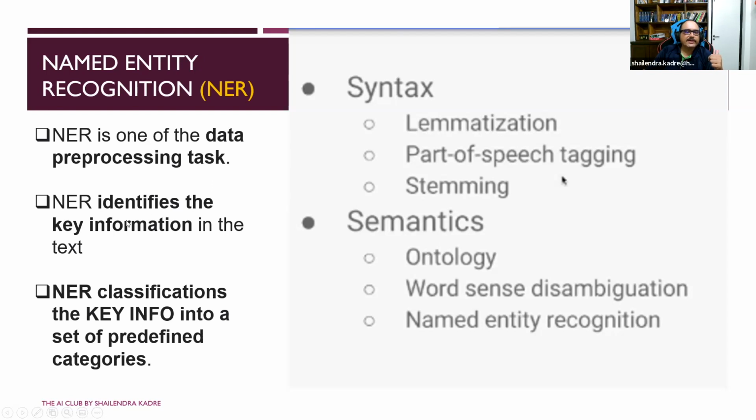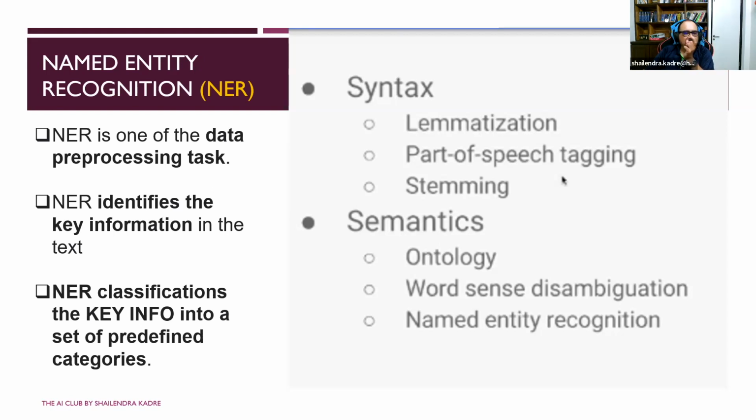NER identifies the key information in the text. We'll see what kind of key information we are identifying a couple of slides ahead. After that, NER classifies this key information, whatever key information we extract, into predefined categories, like entities and many other categories.